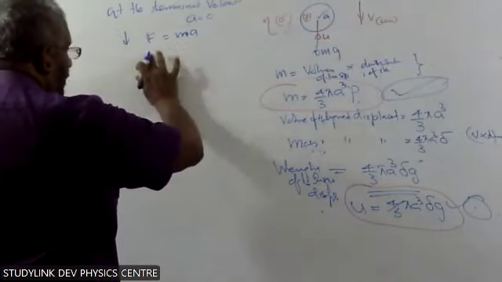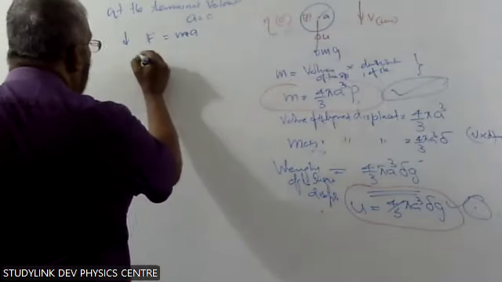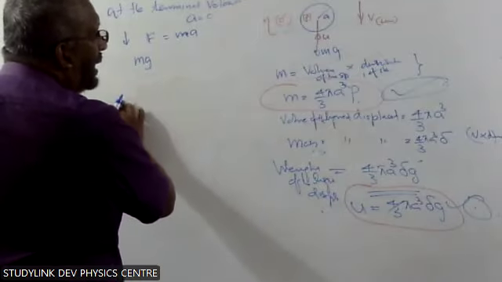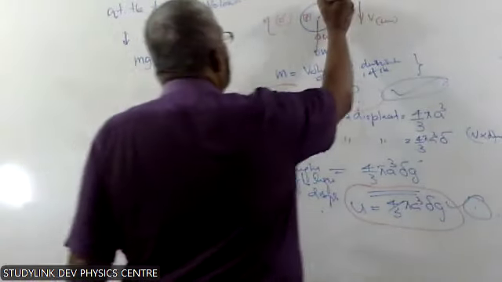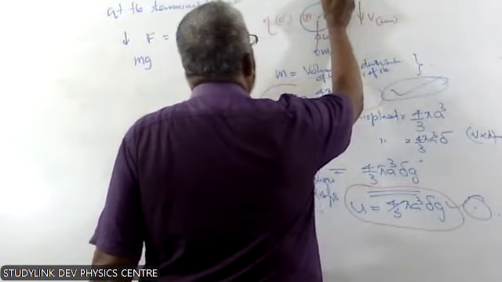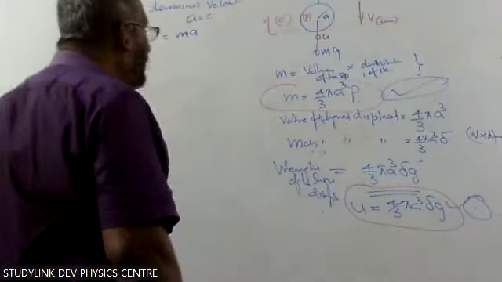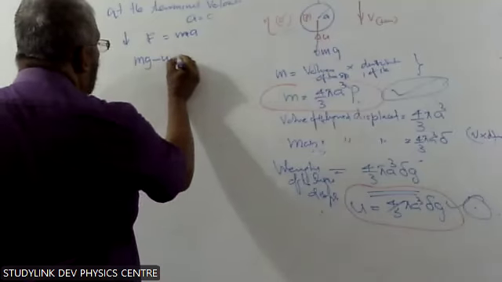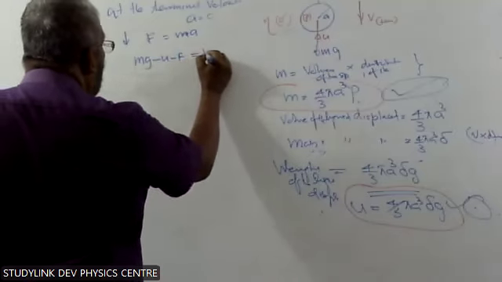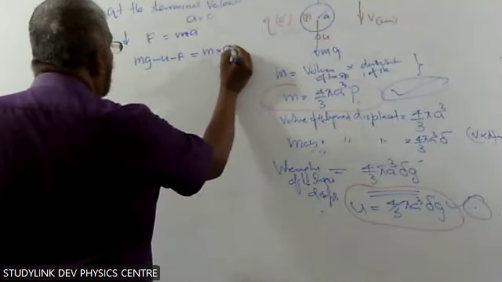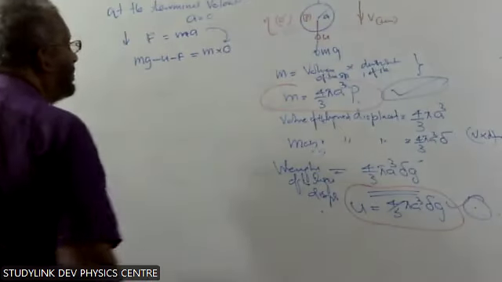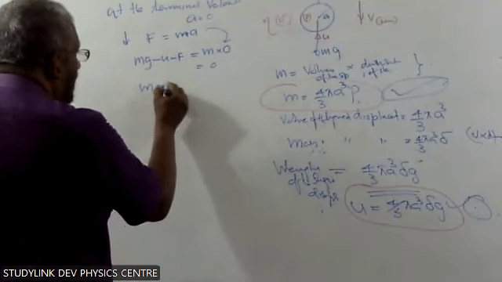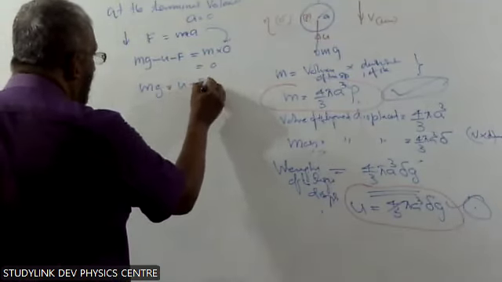F is the resultant force, downwards. mg downwards. Then here the viscous force F is there, upwards. mg minus U minus F is equal to mass into 0. Why? a is 0. Then mg is equal to U plus F.